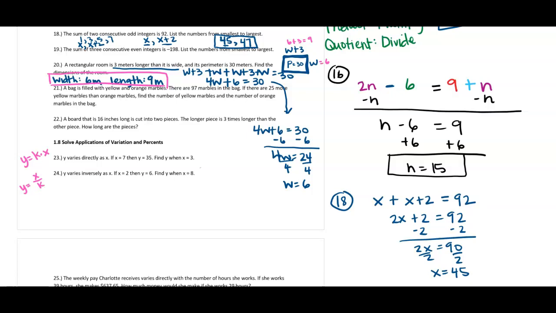Inversely as x. Wait a minute, it's k over x. I think I have that wrong here. It should be k over x. Sorry about that. And x is on the bottom because it's inversely as x.